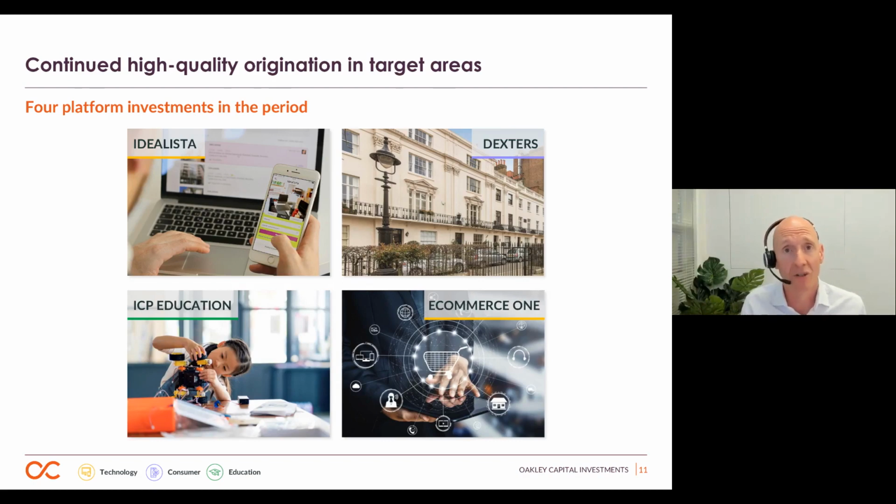It's still an incredibly fragmented market, despite Dexter's strength, for example, in lettings and sales. It's really only 3% of the London and Southeast market. And the fragmentation means there are still a lot of high quality, but single site operations in lots of different satellite towns, suburban areas around London. And Dexter's has and will continue to roll up those single site opportunities.